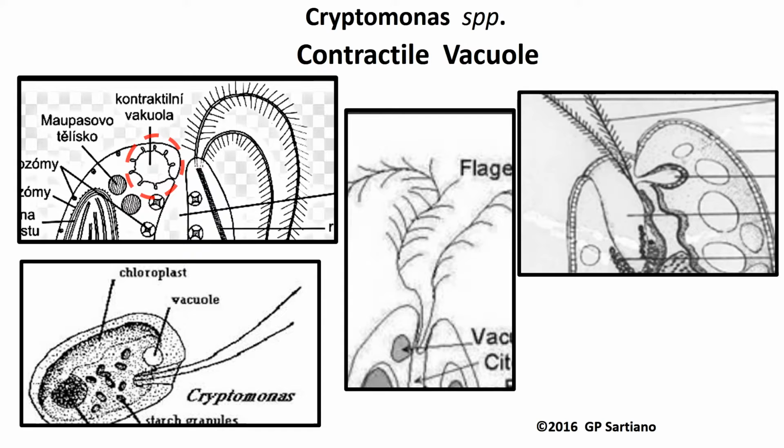The contractile vacuole of Cryptomonas is almost always depicted as being immediately to one side of the vestibulum into which it empties.